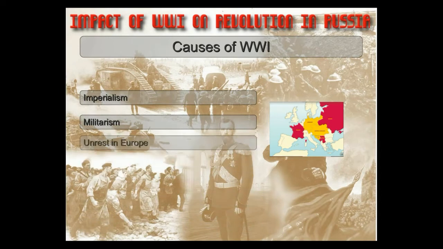Unrest in Europe. The unrest was among many nationalities in Austria-Hungary. People were unsatisfied with their position in the empire. For example, Serbs wanted to take over Slavic Bosnia and have freedom from Austria-Hungary.